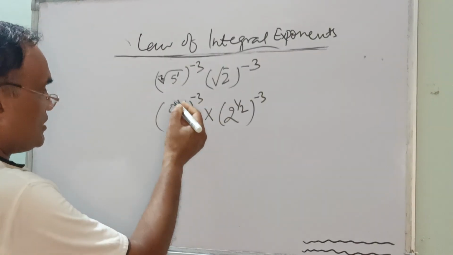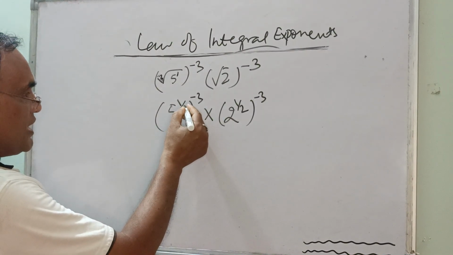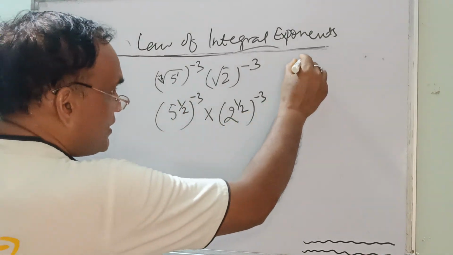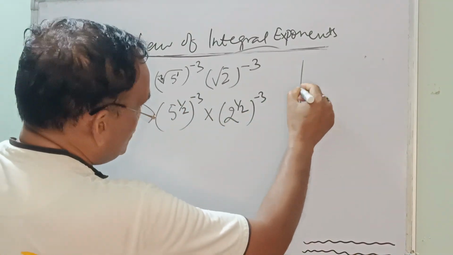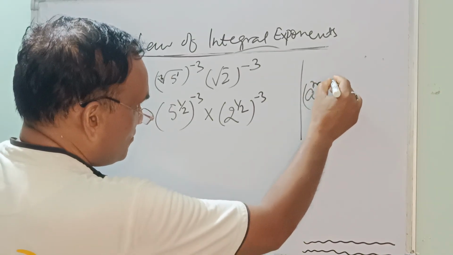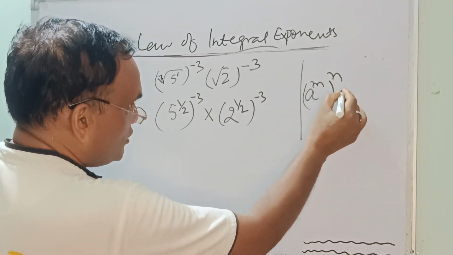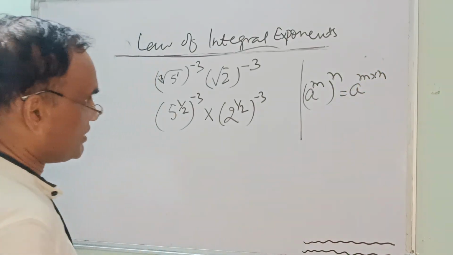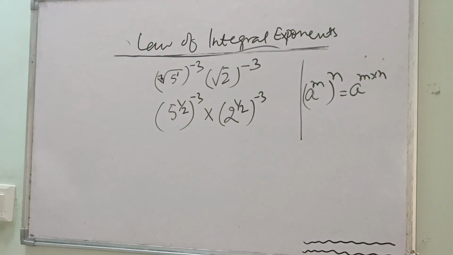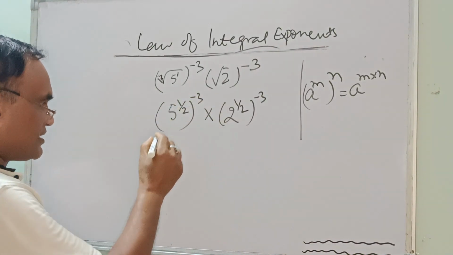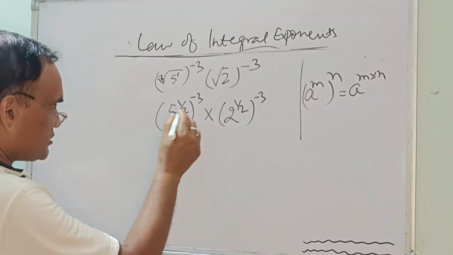It says that if there is a to the power m, whole to the power n, the powers are multiplied. I want to write this in short so that you remember: a to the power m, whole to the power n, is a to the power m into n. So can you multiply this power?